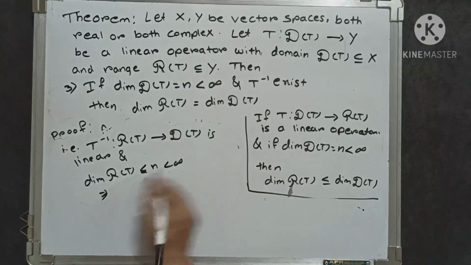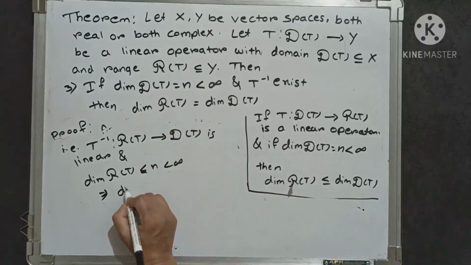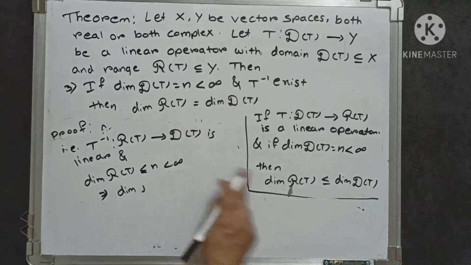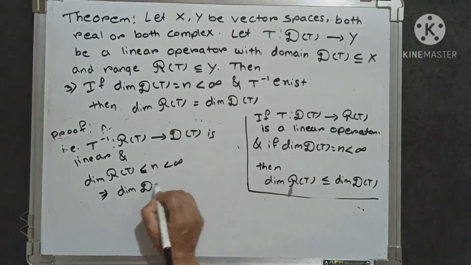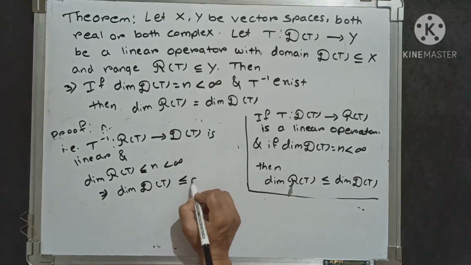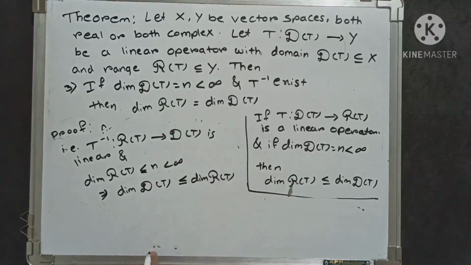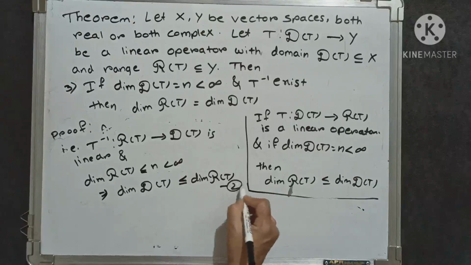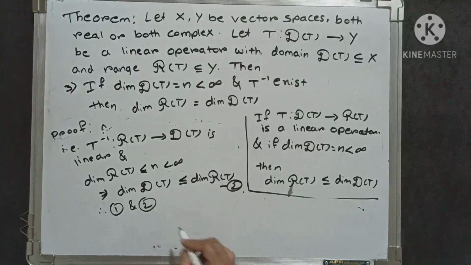By using the theorem again, the codomain is script D of T, and therefore we get that the dimension of script D of T is less than or equal to the dimension of the domain, and the domain is script R of T. We give it the name equation 2.